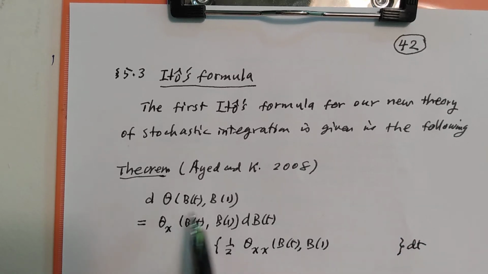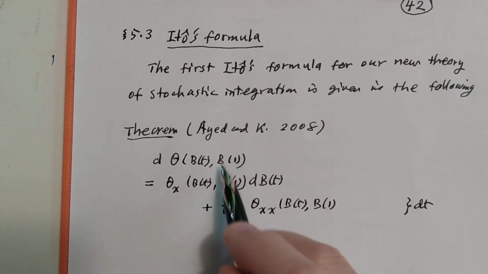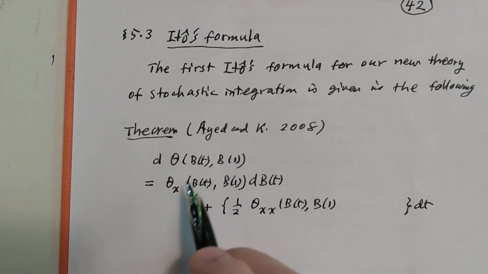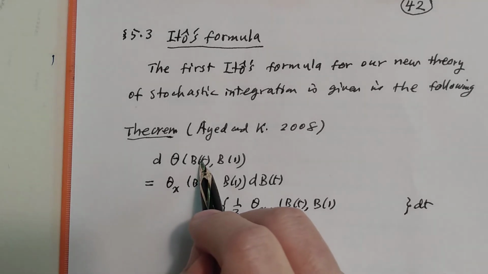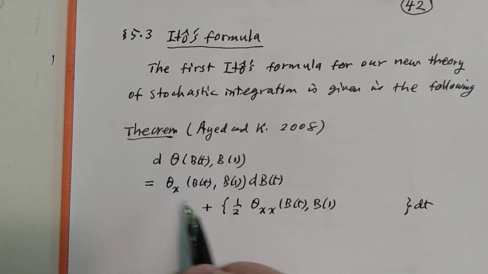Note that if B_1 does not appear here, then the Ito formula within the Ito theory is given by the right-hand side.